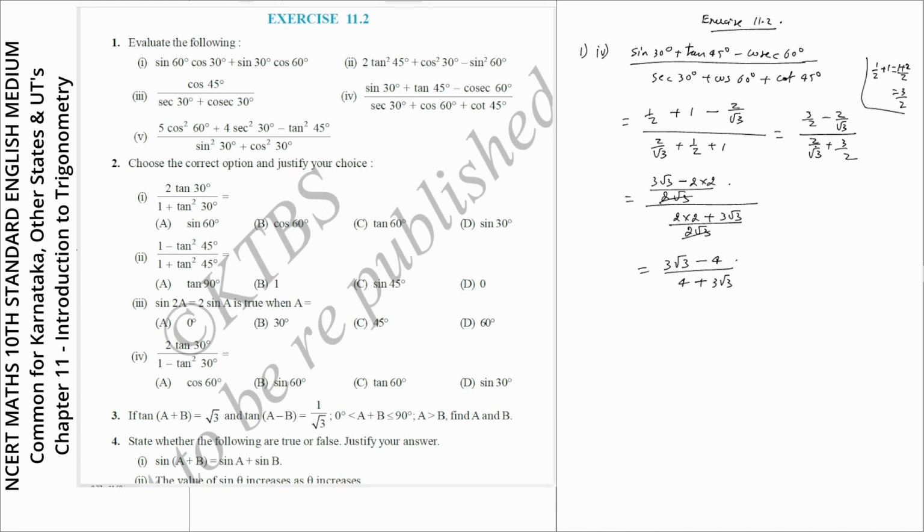Now the denominator is an irrational number. I should rationalize it. So to rationalize it, I will multiply and divide by 4 minus 3 root 3.